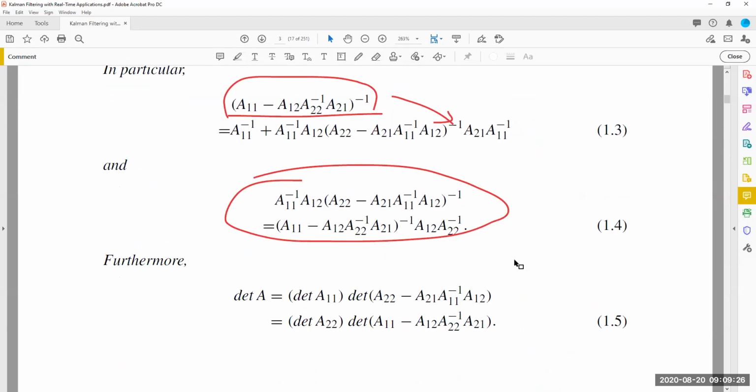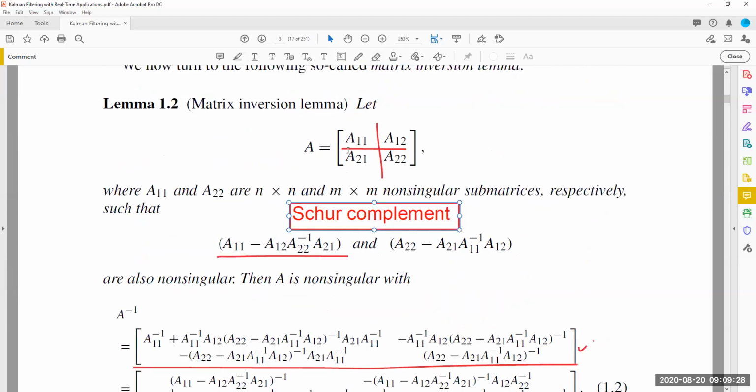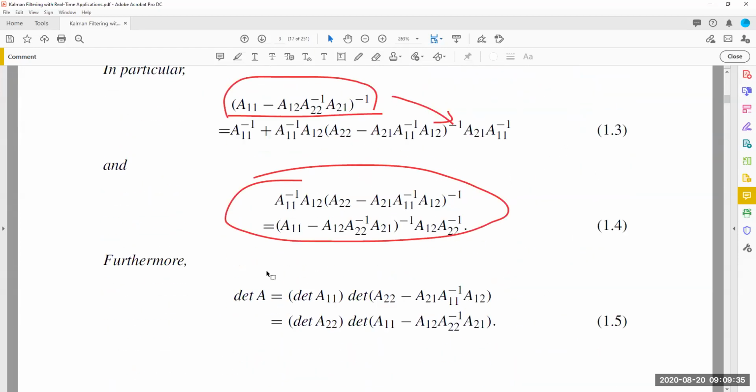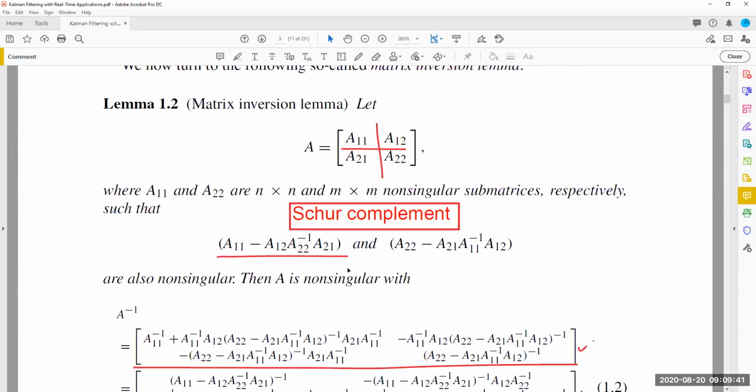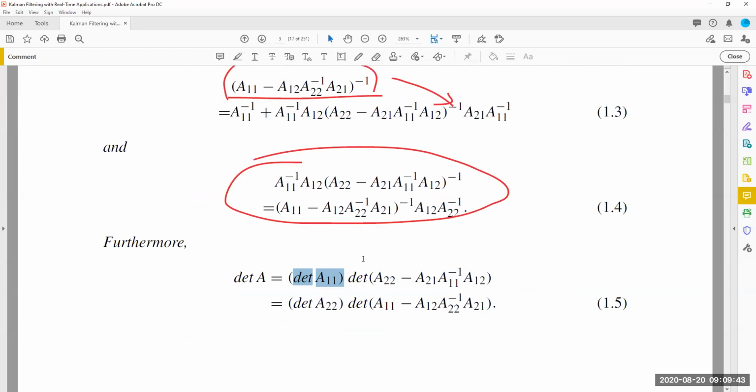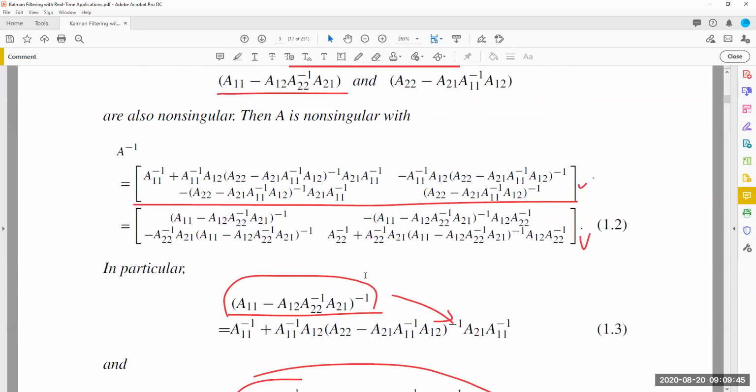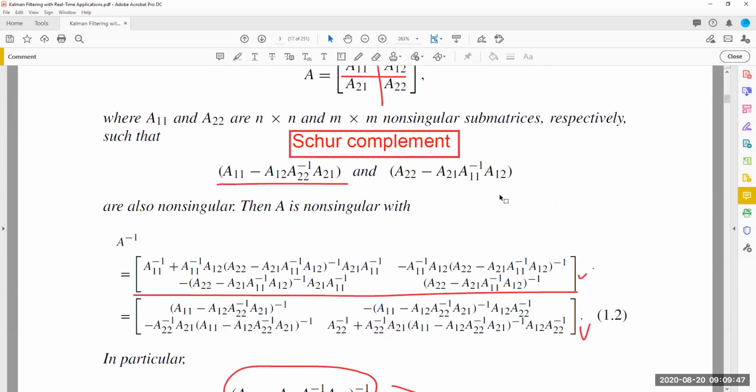Then if A can be partitioned in this block matrix form, then the determinant of A can be written as the determinant of A11, times the determinant of the Schur complement.